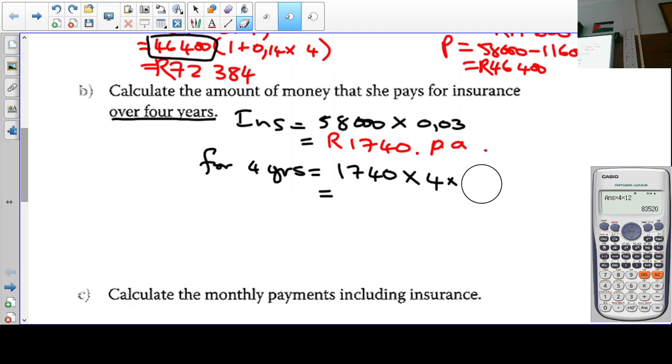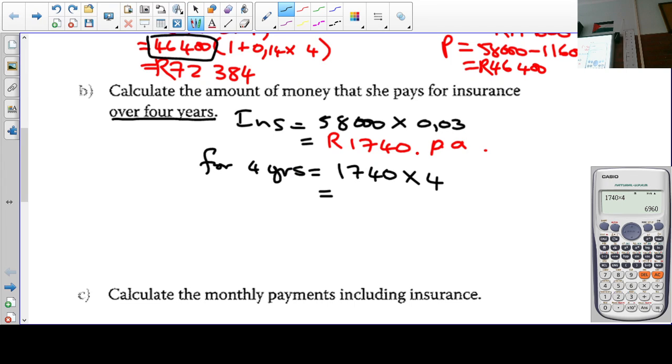So that means you say I must multiply this by 4. There's one thing. It's a massive value. It's almost more than the value of the furniture. So 1,740 times 4. 6,960.